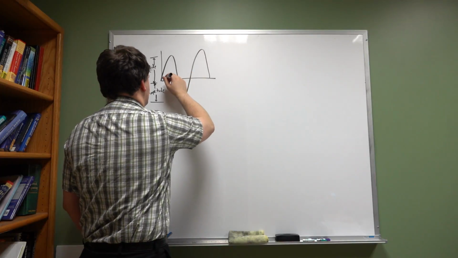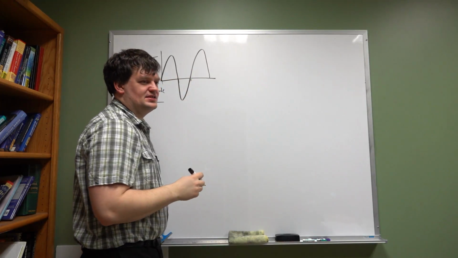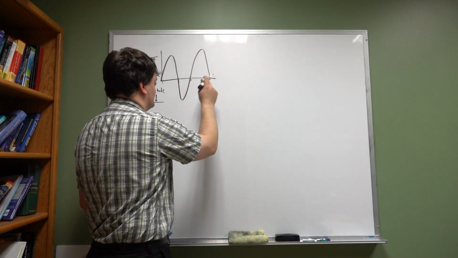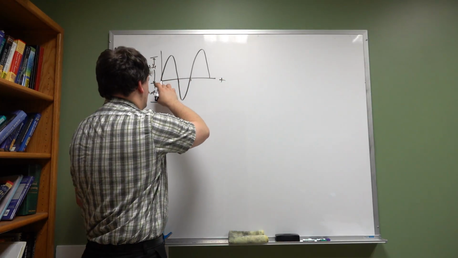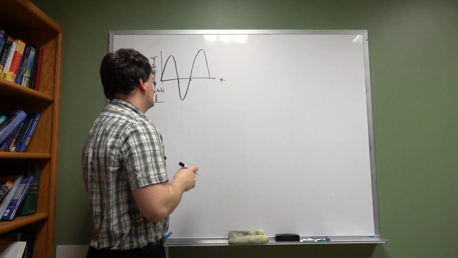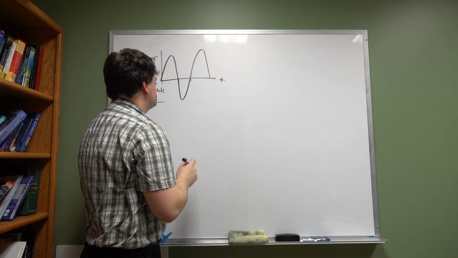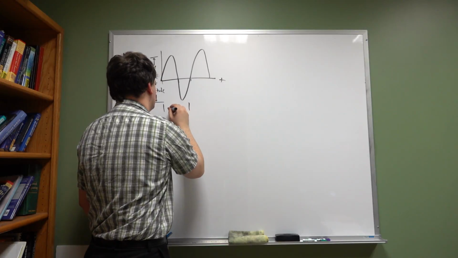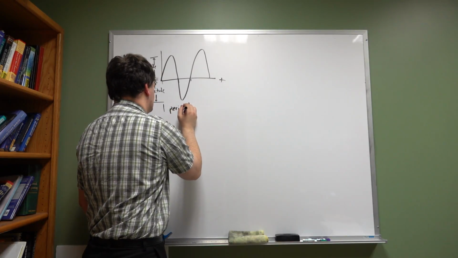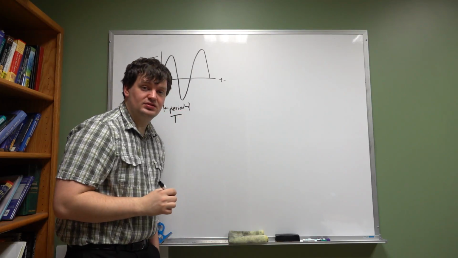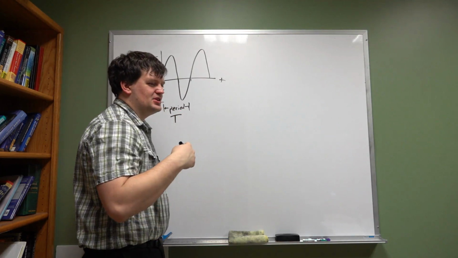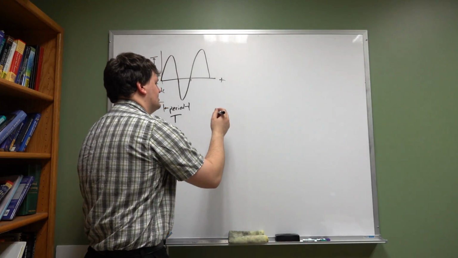And then you have a period. The period is the distance on the time scale between when this curve repeats itself again. So the distance here is known as the period, and we give the period by T. Then we can do some calculations based on that.